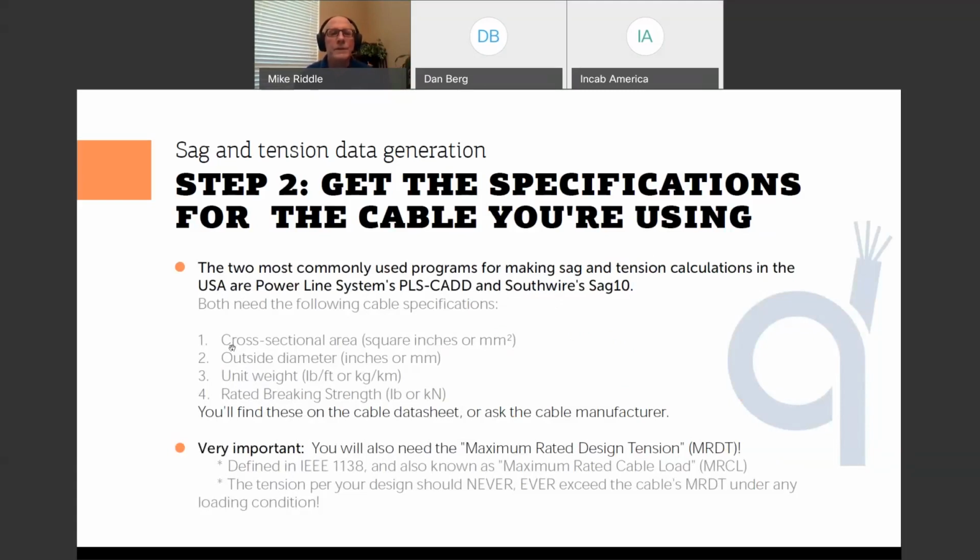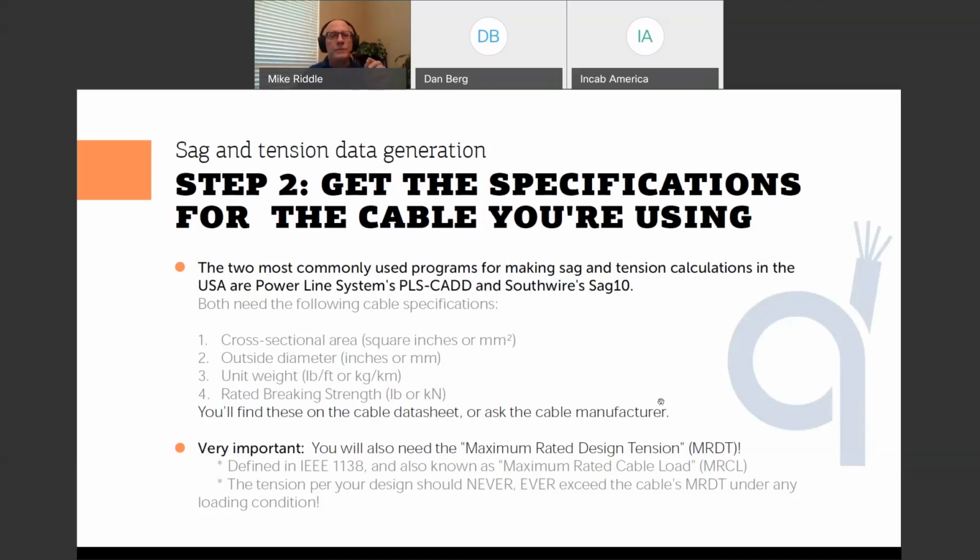That is the cross-sectional area, which is given in square inches or square millimeters, the outside diameter in inches or millimeters, the unit weight, pounds per foot or kilograms per kilometer, and the rated breaking strength, which can be pounds or kilonewtons. You find this information on the cable data sheet. If something's missing or you don't have the cable data sheet, then you should ask the cable manufacturer. They can easily provide it for you.